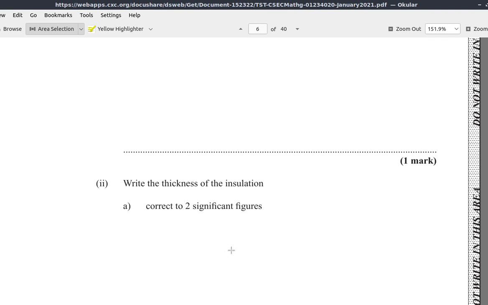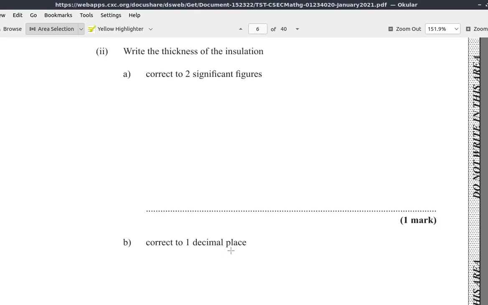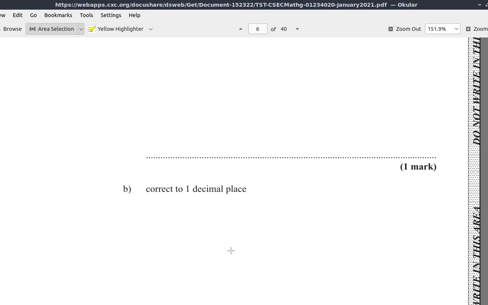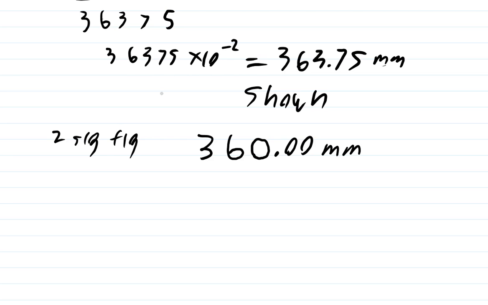After that, what do you have to do? Correct to one decimal place. Alright. You want it now to one decimal place. You count the decimal places after the point, to the right of the point. So you have 363 point.